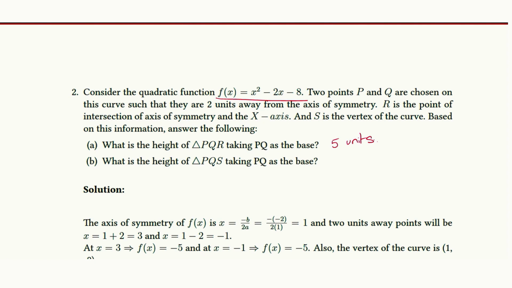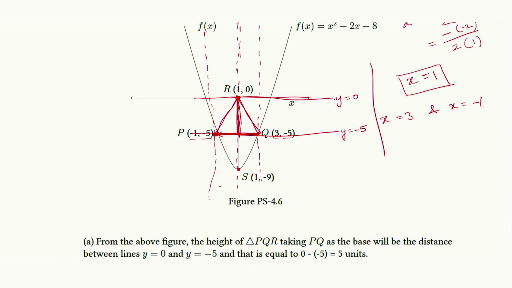Part B is: what is the height of triangle PQS taking PQ as the base? See, this will be the triangle PQS. And the height of this triangle will be this distance. So this distance can be calculated as the distance between this line, y is equal to minus 5, and this line, which is y is equal to minus 9.